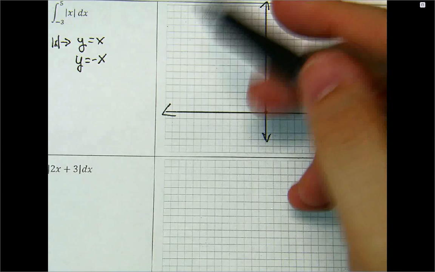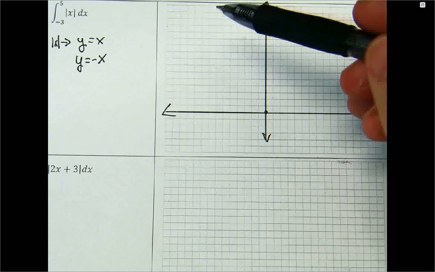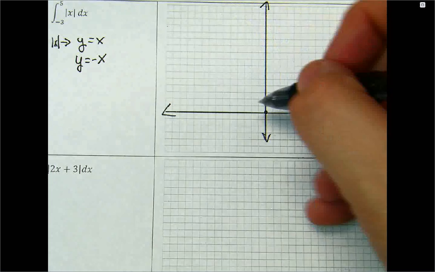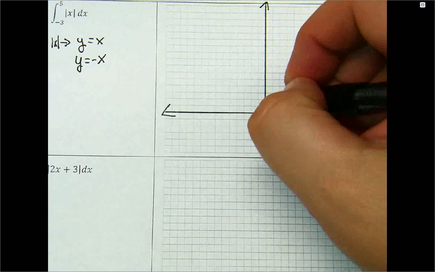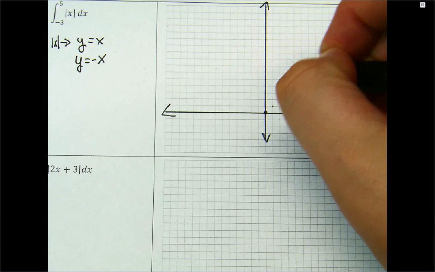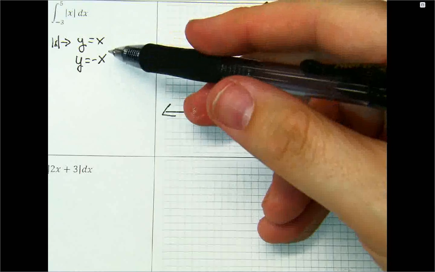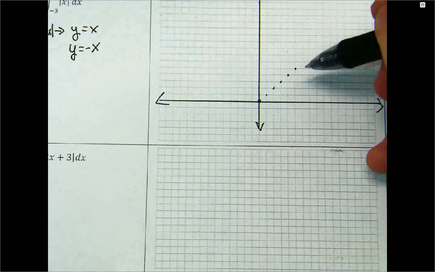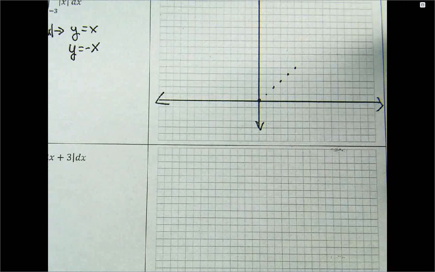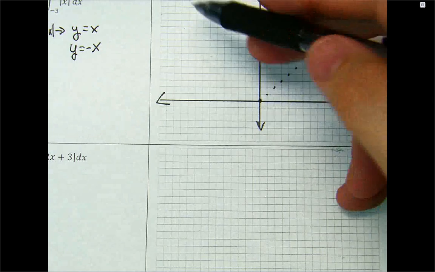Now, if I put in a 1 here, well, I know I'm going to get 1, 1, 2, 2, 3, 3, 4, 4, 5, 5. It opens up, doesn't it? All right, it's going to open up. We do use the same type of rules as parabolas. So it's going to open up.